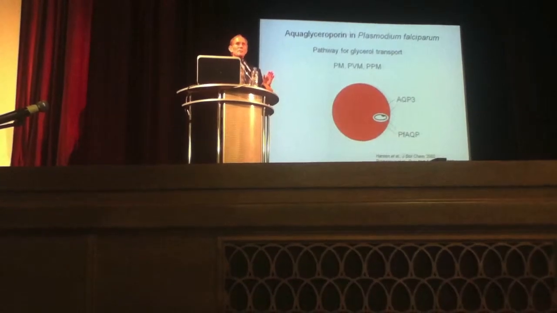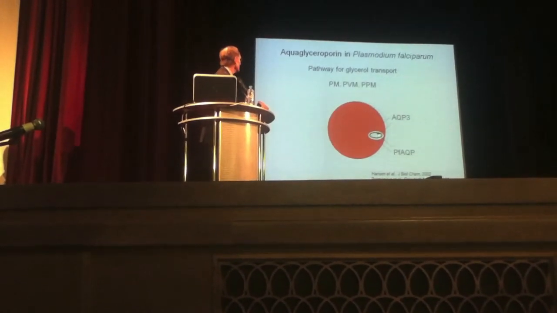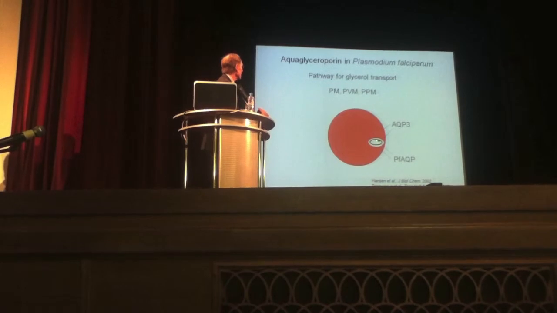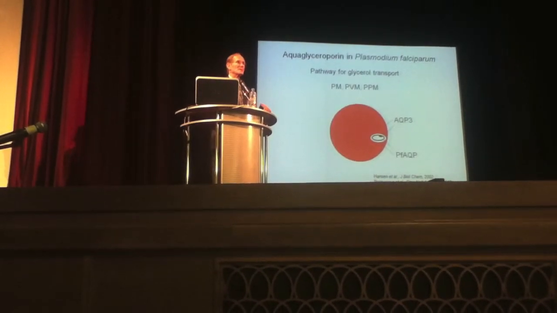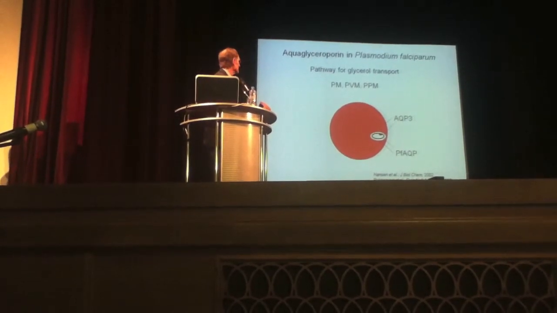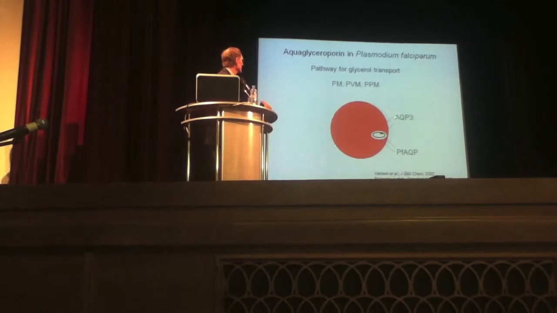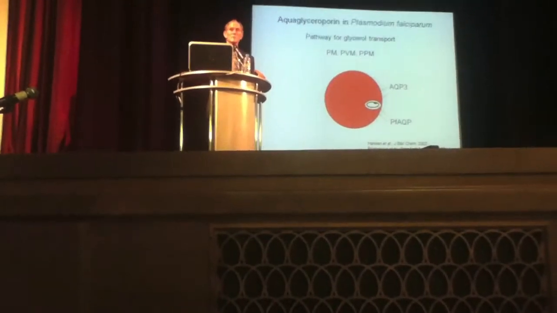Think for a moment, the parasite, during the red cell phase, will live in a vacuum within a cell, will suddenly grow and divide to 30 new daughter cells. How does it synthesize the glycerol lipids without the biochemical machinery? The answer is glycerol is transported across the plasma membrane, the vacuole membrane, the parasite membrane through aquaglyceroporin.